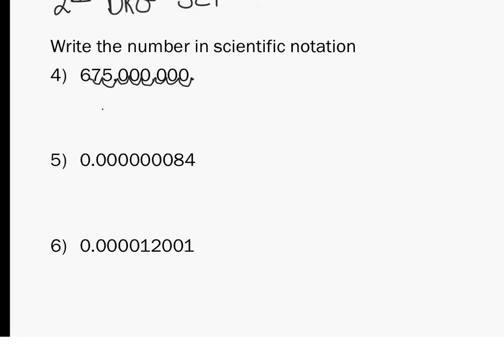So we have 6.75 times 10 to the 8th power. On number 5, I'm moving my decimal to the right, so I'm going to have a negative exponent. So 1, 2, 3, 4, 5, 6, 7, 8. So 8.4 times 10 to the negative 8th.